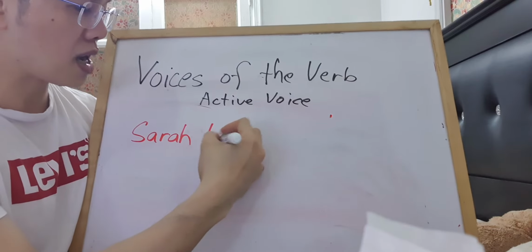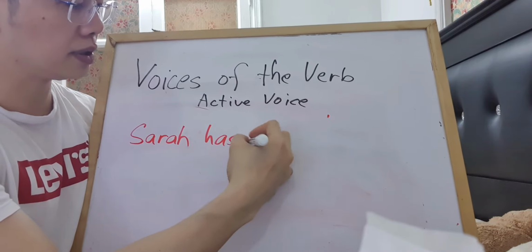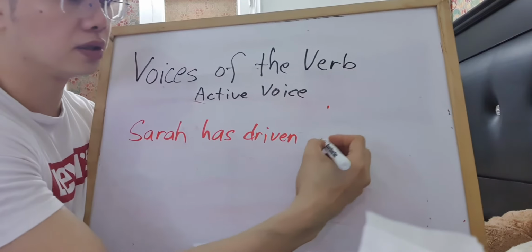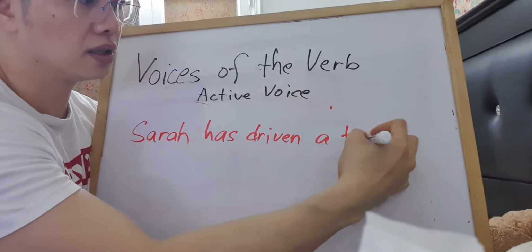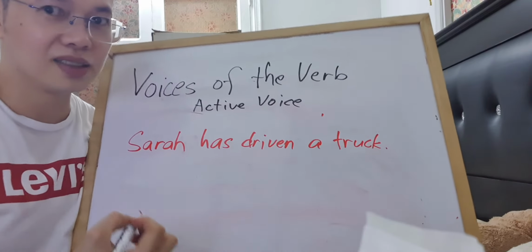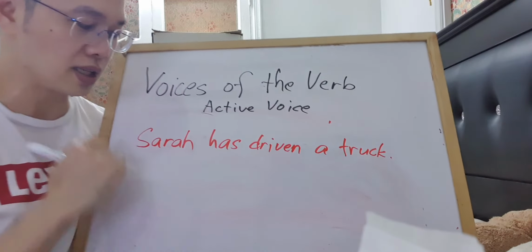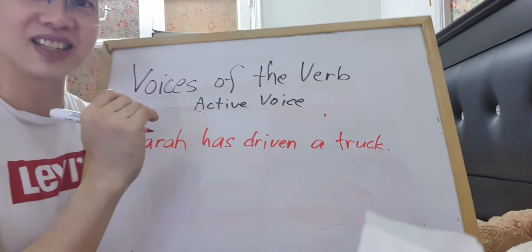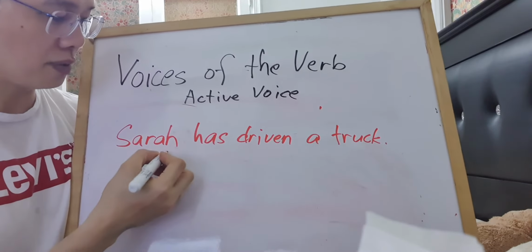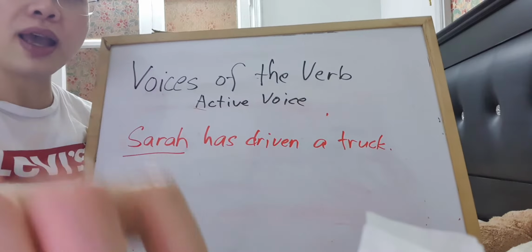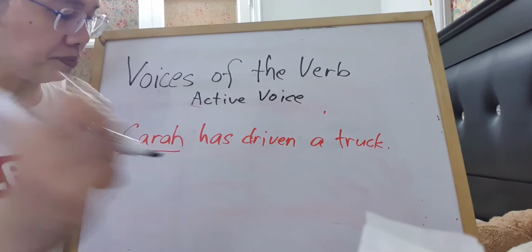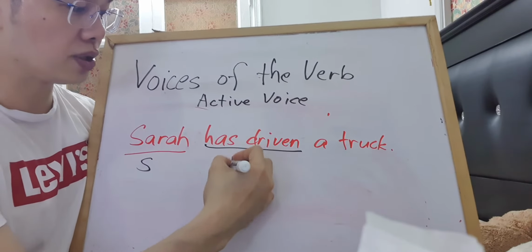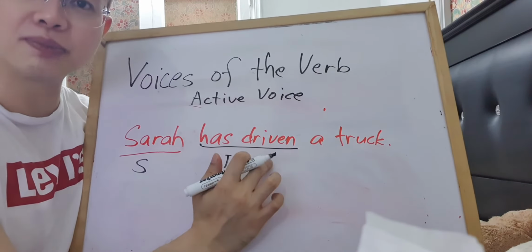Sarah has driven a truck. Wow, how strong Sarah is. Okay, so you have Sarah as your subject, has driven is your transitive verb in the present perfect form.